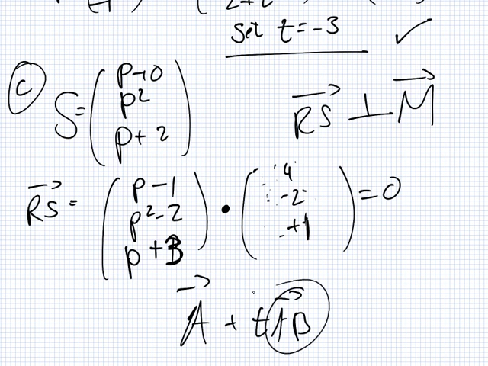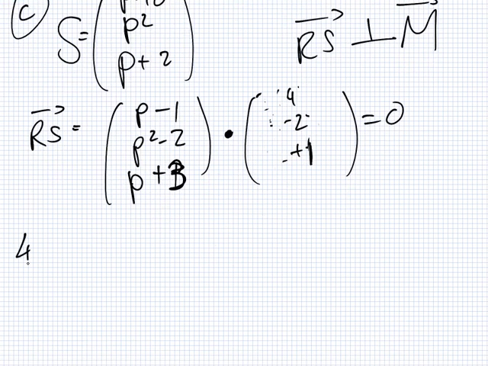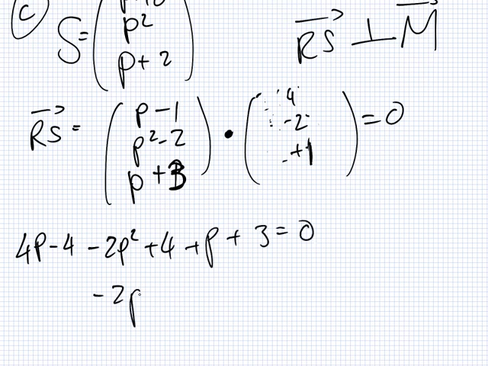This is the direction part. So likewise, when we're talking about perpendicular, we use the AB part. So I should have this. So that means 4p minus 4 minus 2p squared plus 4 plus p plus 3 equals 0, minus 2p squared plus 5p plus 7 equals 0.